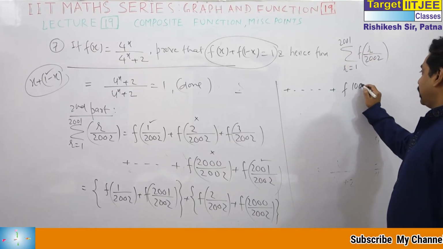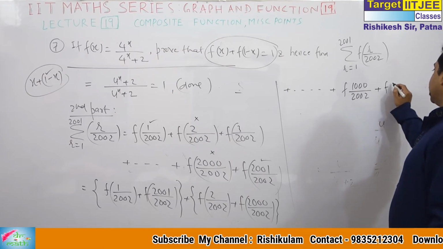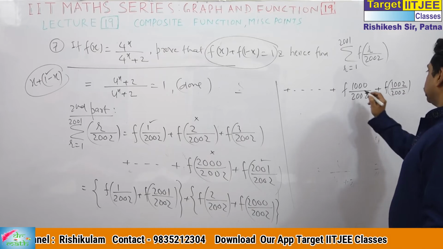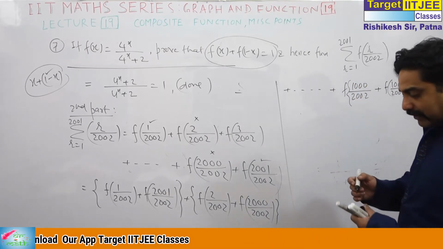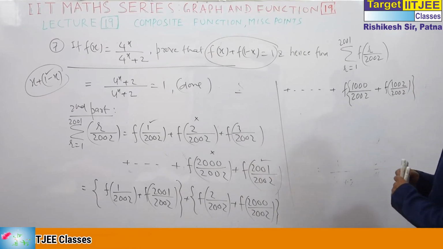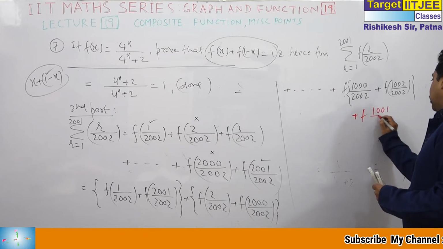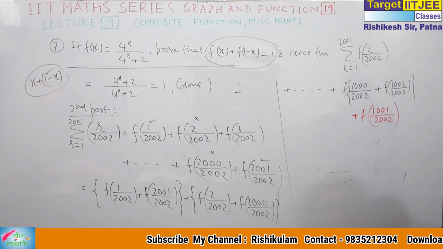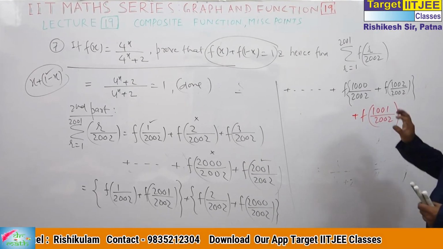So last pair will be f of 1000 by 2002 plus f of 1002 by 2002. And still one pair is left. Which one is left? Actually left one is f of 1001 by 2002.